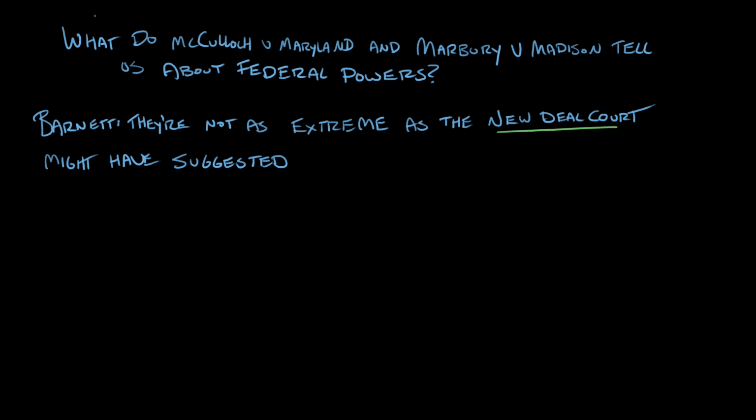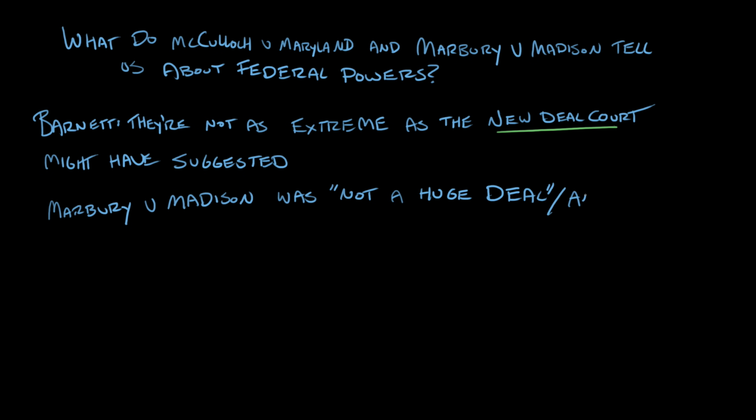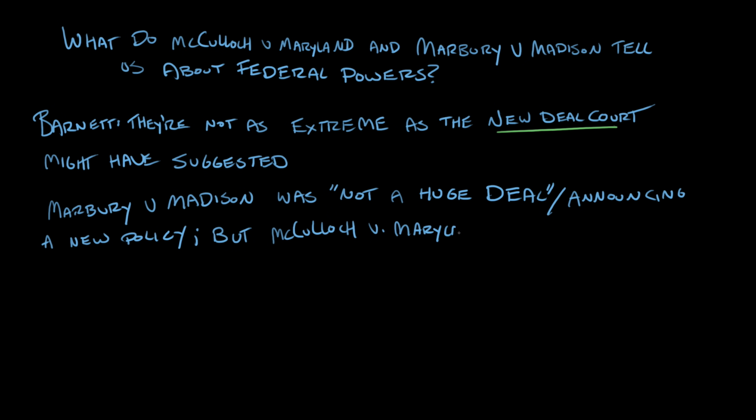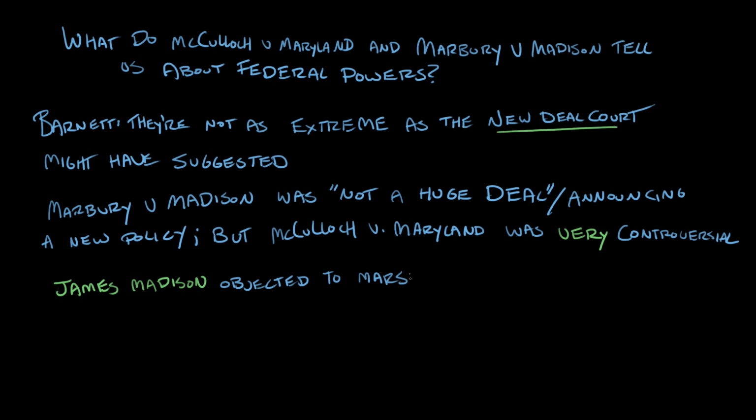The idea that judges had a duty to follow the higher law when it was in conflict with the mere statute was widely accepted at the time of the founding, and so Marbury was not announcing a new policy. McCulloch versus Maryland, on the other hand, was extremely controversial when it was decided, and in fact, quite oddly, James Madison, who had signed the bill authorizing the second bank into law, strenuously objected to John Marshall's opinion in McCulloch versus Maryland upholding the bill that Madison had signed into law.